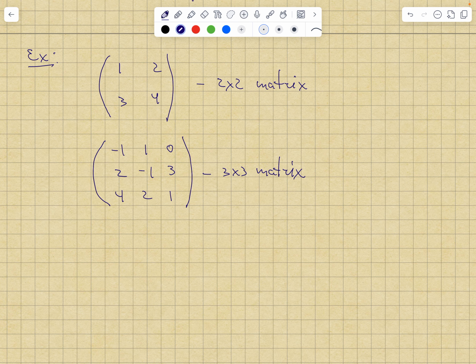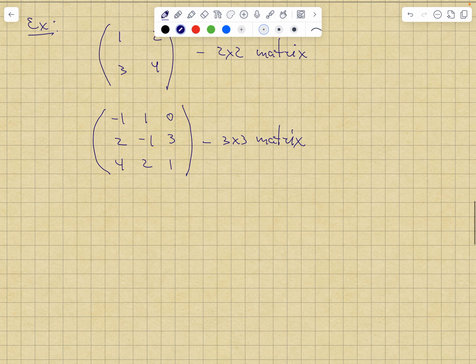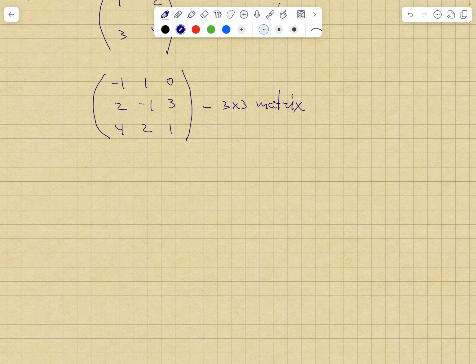What is important to us will be a concept of a determinant of the matrix. And there will be a different rule how to compute this quantity depending on the matrix size.